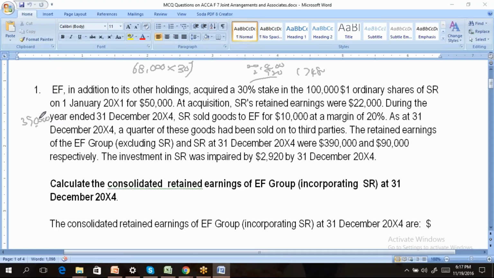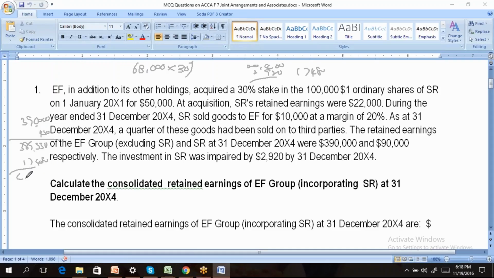So out of 390, we must remove the 450 because that is the unrealized profit. 390,000 minus 450 gives 389,550, which is reflected in the parent company. Plus that 17,480 will be the total consolidated retained earnings. So that's all we have to do.